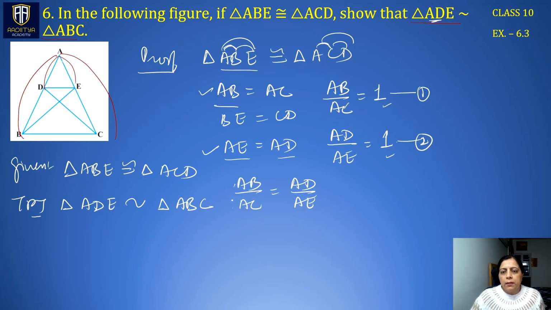But since AB and AC are sides of the same triangle, they are not useful. What I can do is interchange these two parts, as we learned in the quadrilateral and trapezium questions. AB upon AD is equal to AC upon AE. Now check for these ratios.